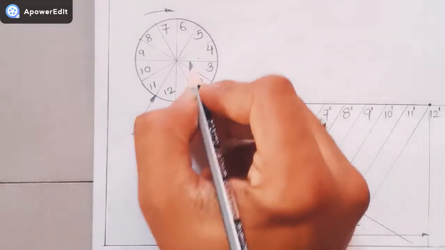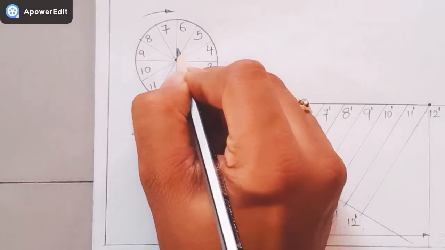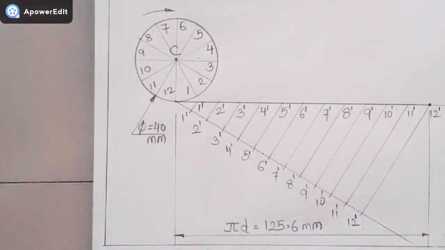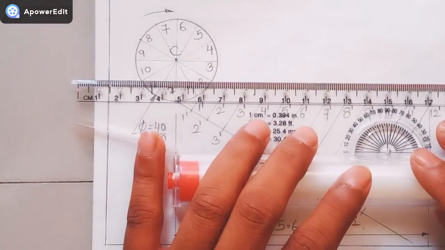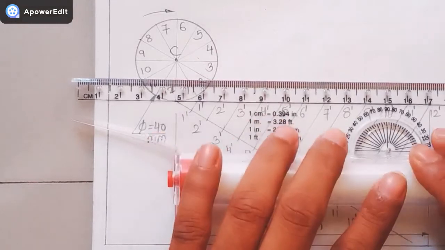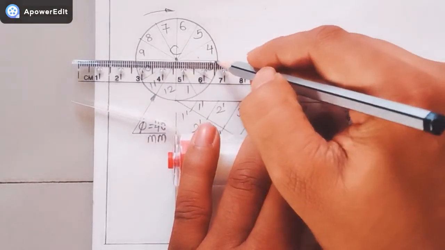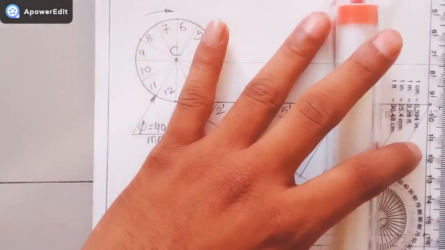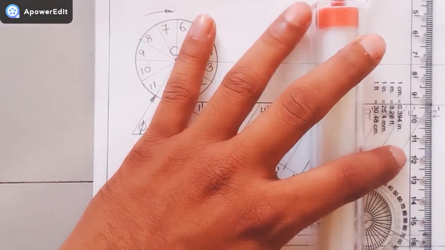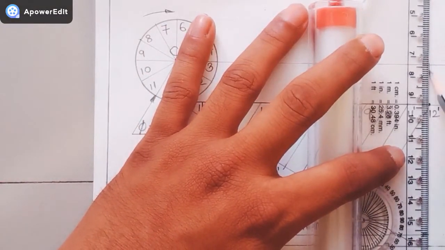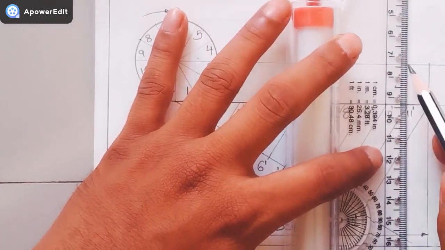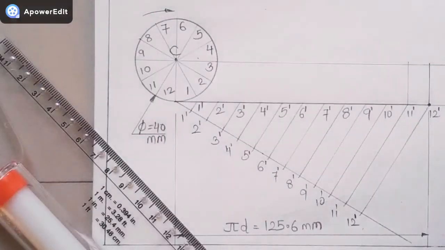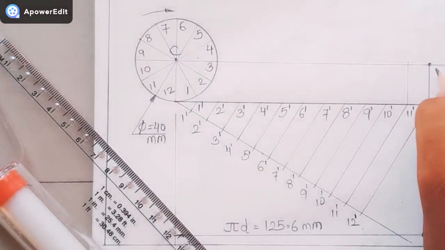Suppose this point is the center point. Say I'll name the point as C. I have to draw an extension of this center line. See, I am going to draw the extension of the center lines like this. After this, I have to start drawing the vertical line from each and every point, so that I will get the centers accordingly for all the points.